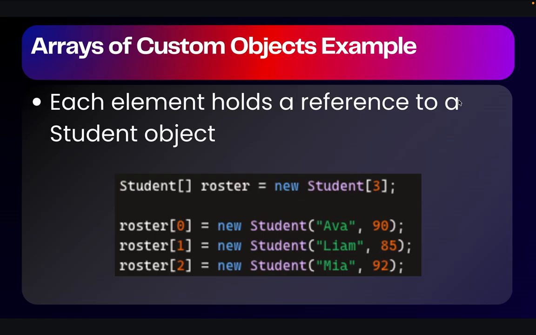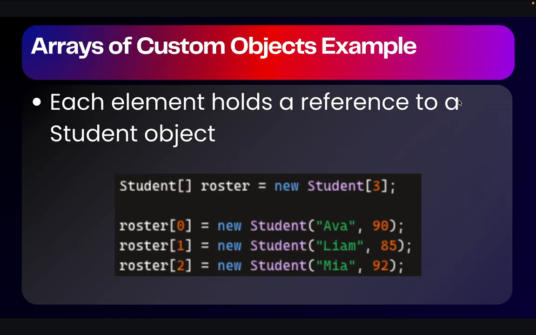So in this example here, each element of your array is going to be a reference to a student object. If you take a look, the very first line of code is basically creating an array of type Student, which is going to be our class.